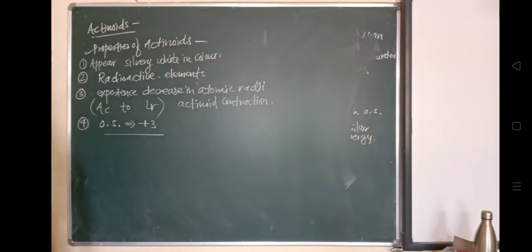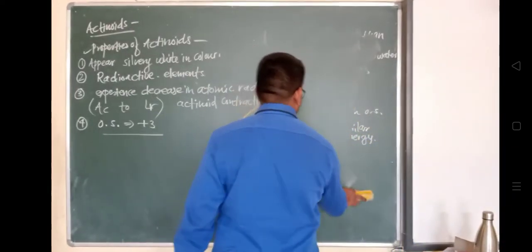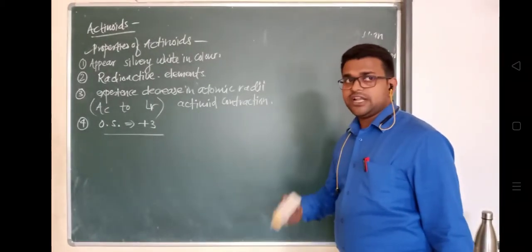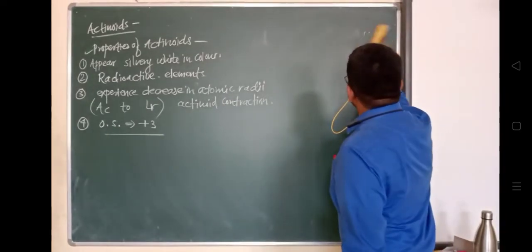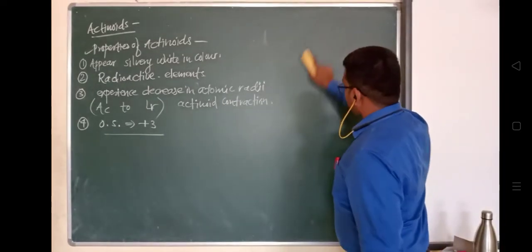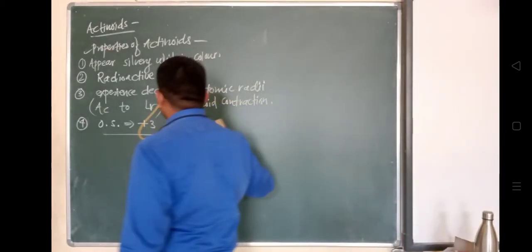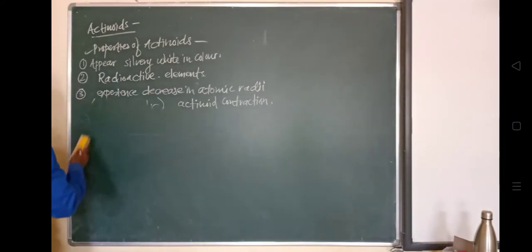The most common oxidation state in actinoids is +3, and the initial elements of the actinoids show somewhat higher oxidation states due to loss of electrons from the respective d and s orbitals. So this is all about the basic properties of the actinoids.